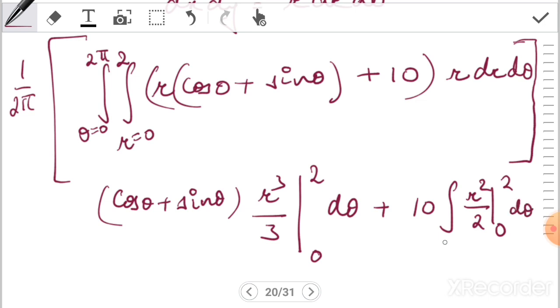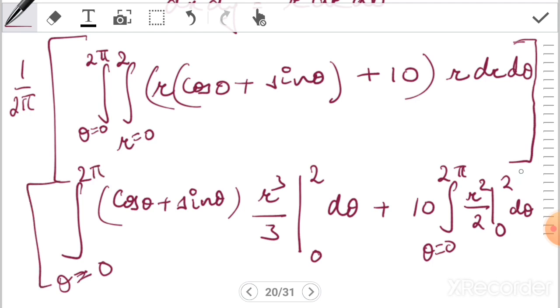Theta varies from 0 to 2 pi in both, and 1 by 2 pi is outside.